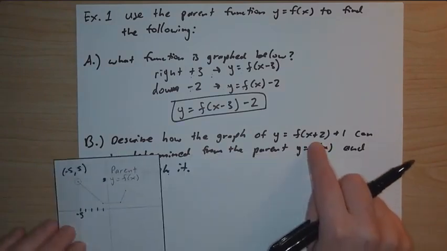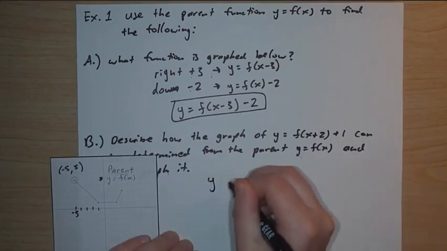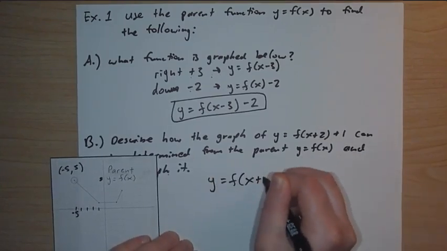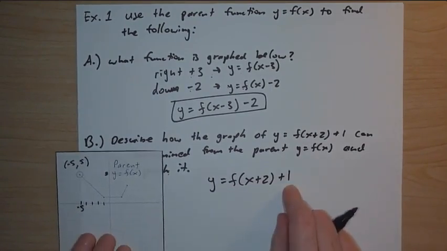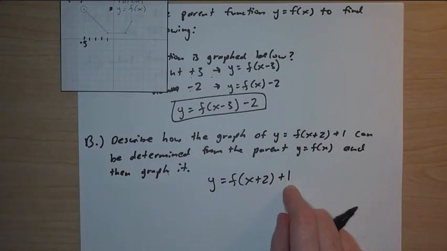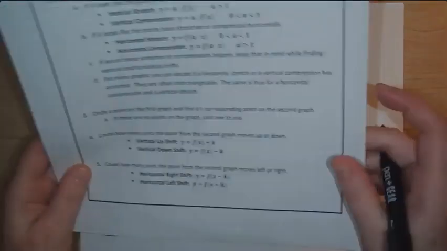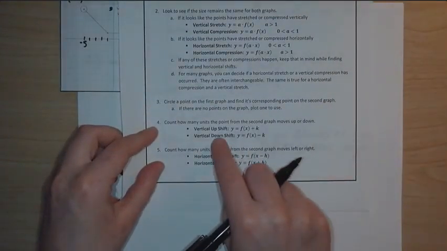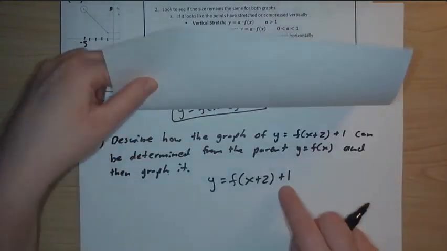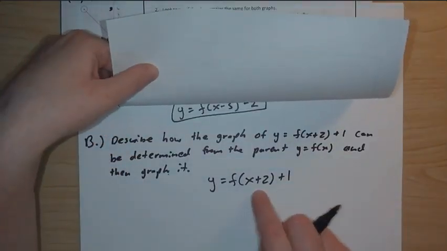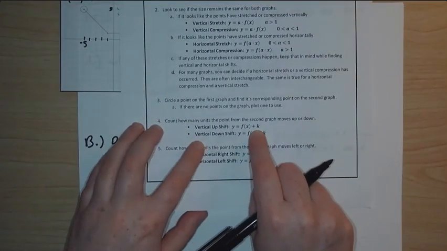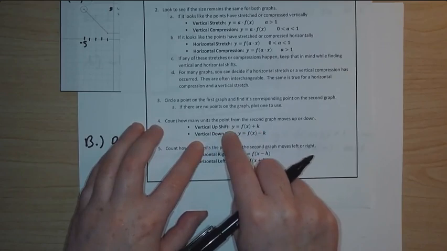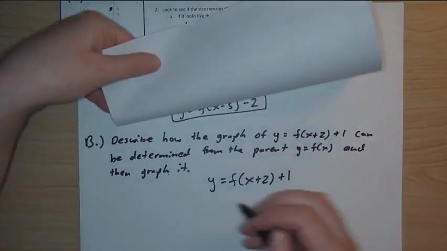And from y equals f of x plus 2 plus 1, we're going to look at the patterns given in our transformations. It looks like we have some type of vertical shift. We have a +1 right here, outside of our function, so plus k. So we're going to have a vertical upshift of +1.